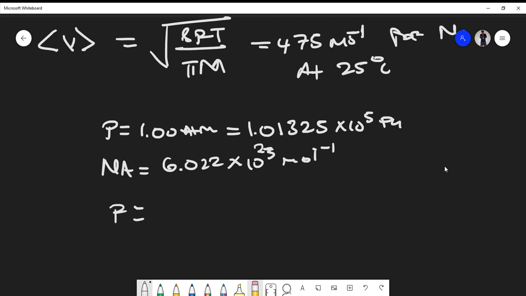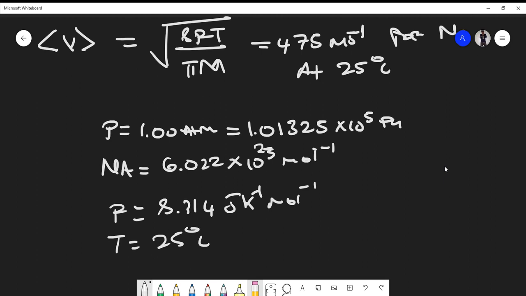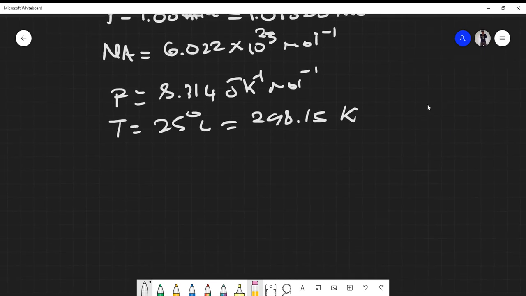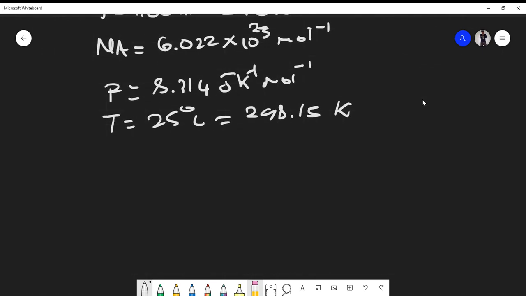We know the ideal gas constant R is equal to 8.314 joules per kelvin per mole. And we know that our temperature is about 25 degrees C, which in kelvins is about 298.15 kelvins. And notice that everything is in SI units.